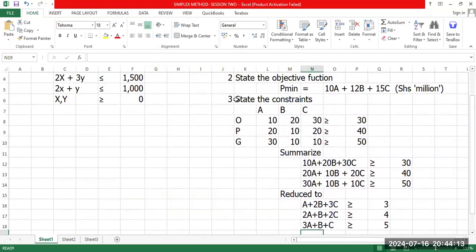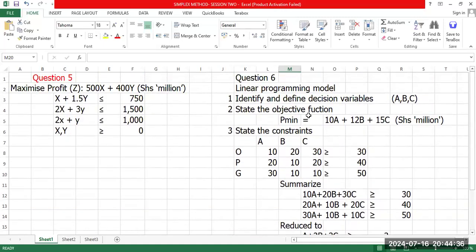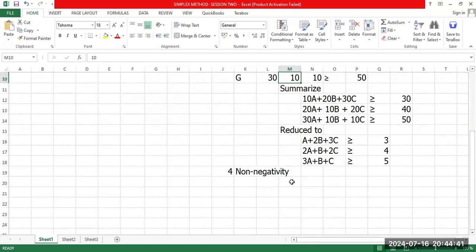Okay, then lastly, this is step 3. Then lastly, step 4. What is step 4? State your non-negativity. How many variables do you have based on your decision variable? 1, 2, 3. So A, B, and C should be greater or equal to 0.